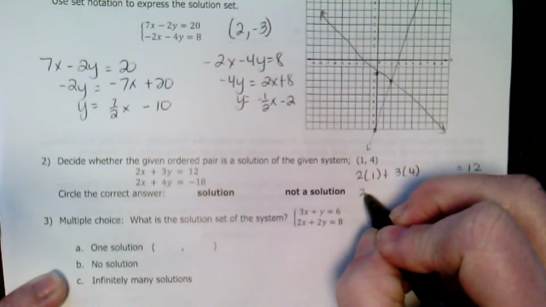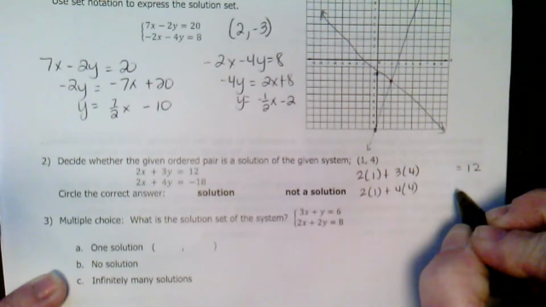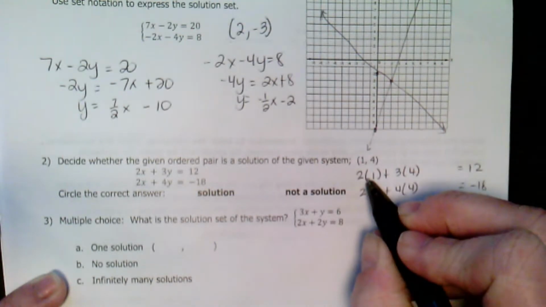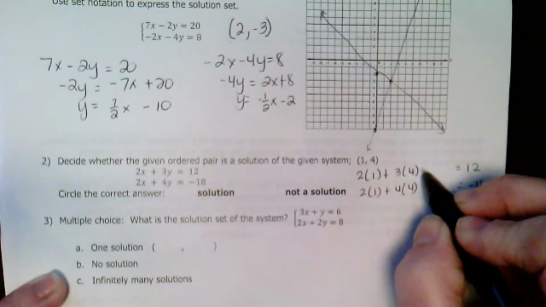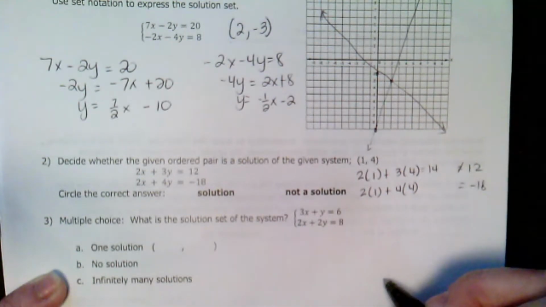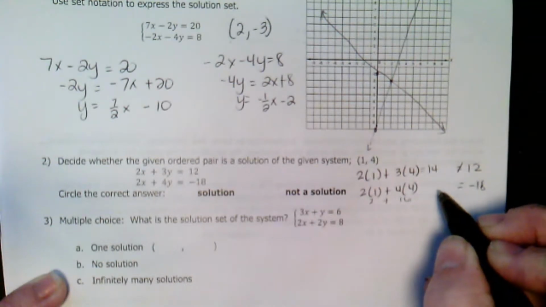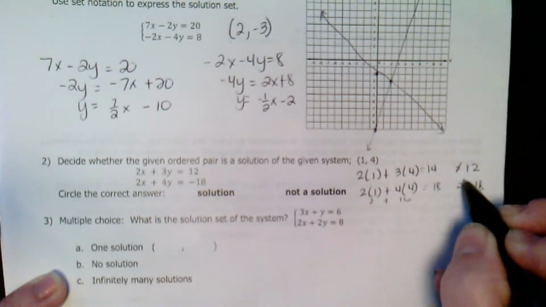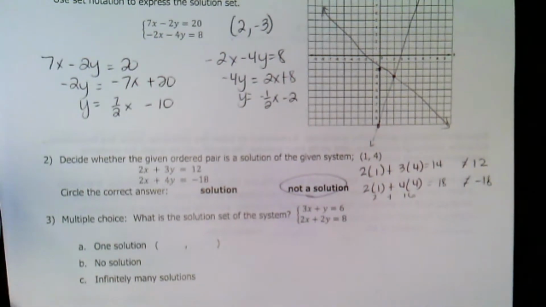And then if this one is true, it should equal -18. So 2 times 1 is 2. 2 plus 12 is 14. So that does not equal. I really don't have to go on, but this one equals 18, so it doesn't equal. So this is not a solution. It has to be true for both of them to be a solution.